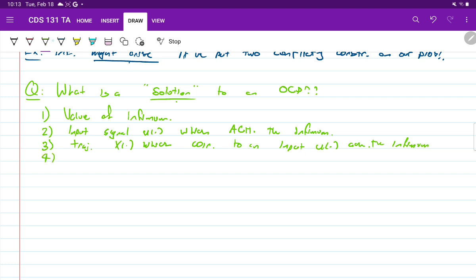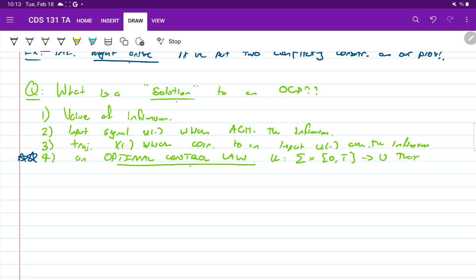And finally, number 4, which will be what we'll focus on for the remainder of this lecture, will be an optimal control law, which is going to be a feedback law, which goes from my state space cross [0, T] into U, that always achieves the infimum. Okay, so these are 4 loose ideas for what we might want to look for when we're actually solving an optimal control problem, right?